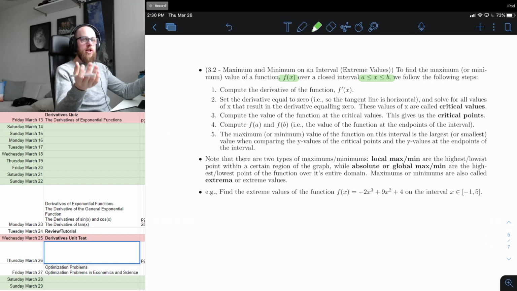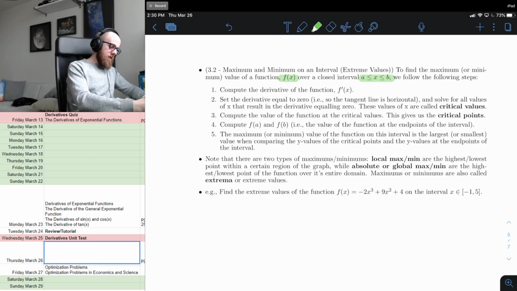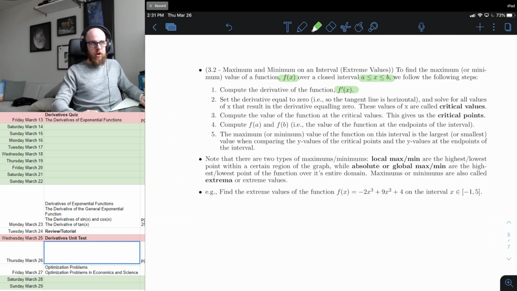The only thing that changes is the function. Although this stuff is challenging and a little bit tedious, once you get good at it, you're good. So, the steps: first, we are going to compute the derivative of the function.